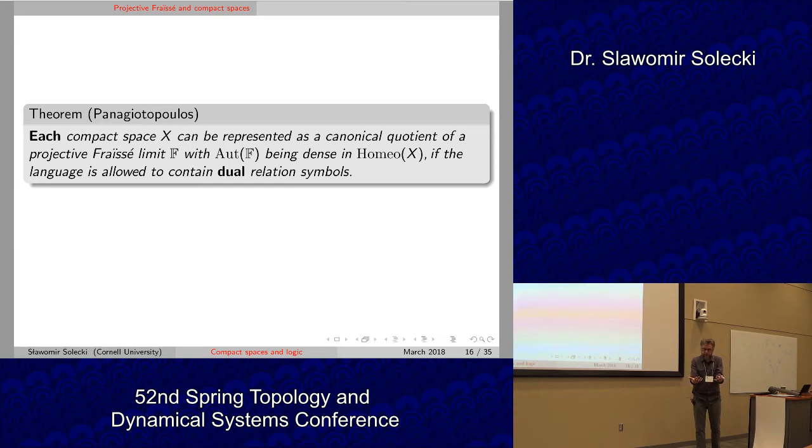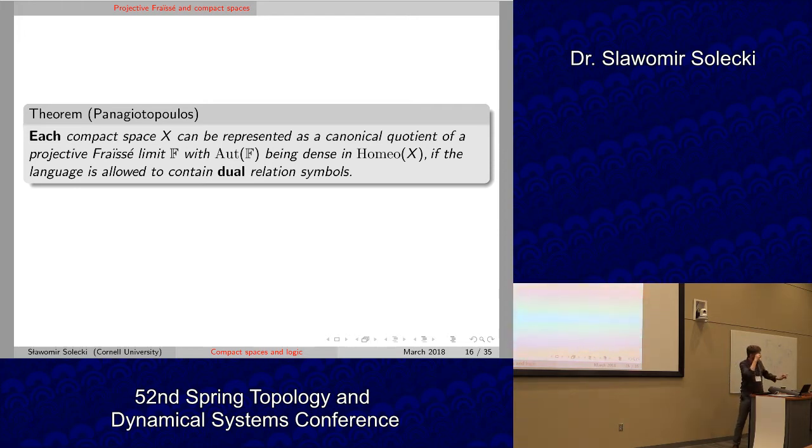So a dual tuple is a function from your space to a finite set that's continuous. And your relations talk about this sort of dual tuples. They say this dual tuple is in a relation, this dual tuple is not in a relation. This kind of relation symbol you have to involve here. It's essentially like working with partitions.